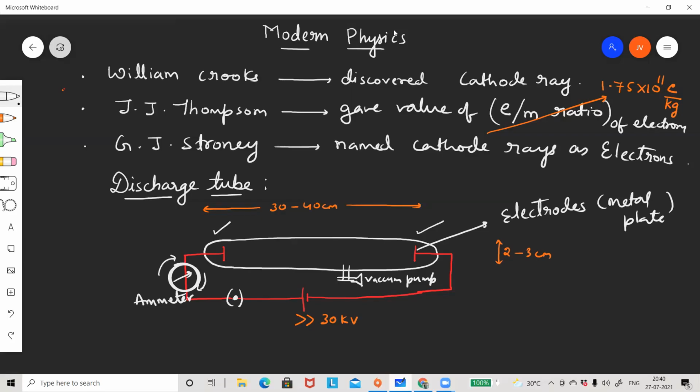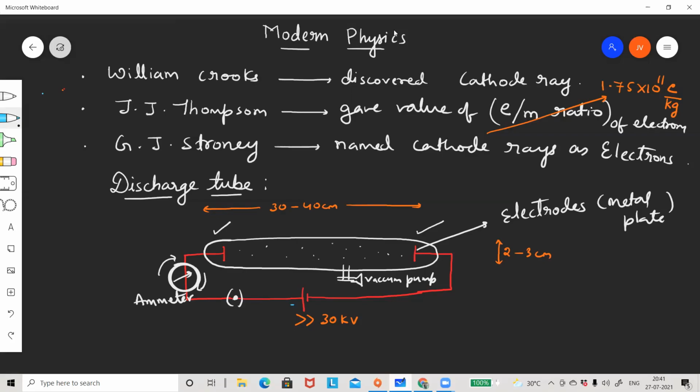But when the circuit is closed, the ammeter shows deflection. What can be understood from it? That there is electric current as if the circuit is closed. So they doubted that definitely between the electrodes there are some particles which may be responsible for the current conduction. So they checked exactly what is going on.